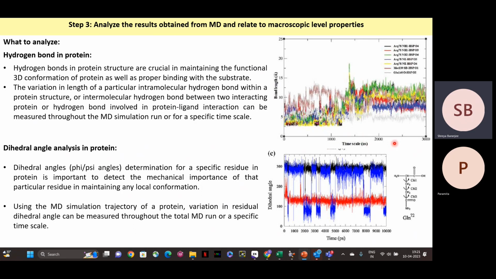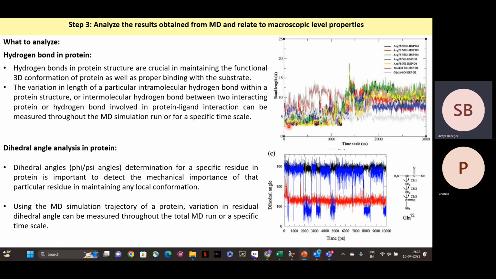So with time, the change in hydrogen bond length can be studied. We know hydrogen bonds mainly exist up to 3.5 angstrom, so any bond lengths above that are no longer hydrogen bonds. Our region of interest is the region below 3.5 angstrom.